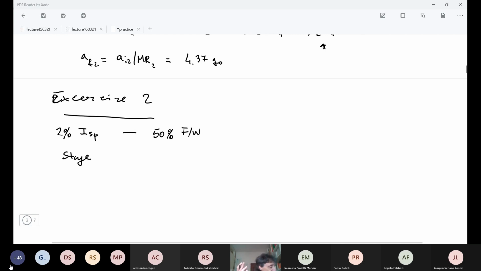Consider, for instance, an upper stage where we would like to realize delta V of 4 kilometers per second with epsilon 0.1, again epsilon without the engine, and with a specific impulse, the starting or basic value, of 3.5 kilometers per second, and also this basic propulsion system has a thrust to weight ratio of 50.